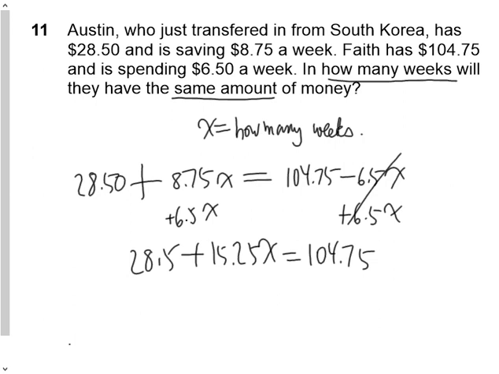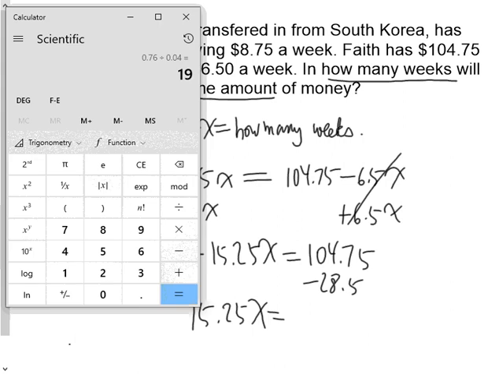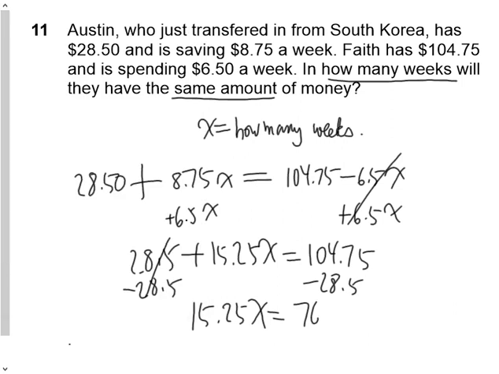Now, we have isolated the variable onto one side, but we still have a constant, and we still have a coefficient. So we have to get rid of the constant next, and then the coefficient. We're going to subtract 28.5 from both sides, and 15.25x is going to equal 104.75 take away 28.5, which is 76.25.